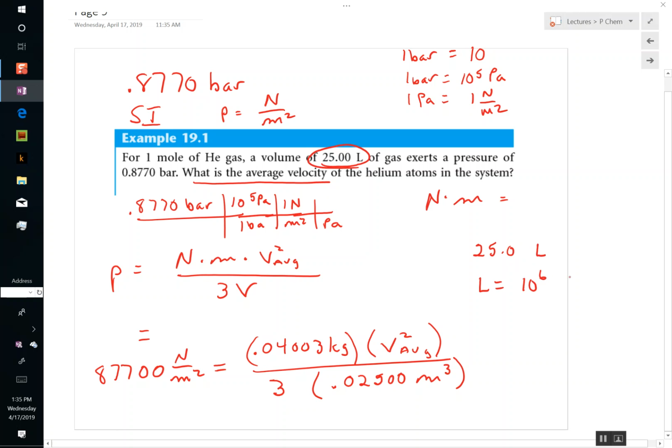Wait, does that make sense? I mean, these are grams per mole, right? Why are we multiplying it by the number of molecules?